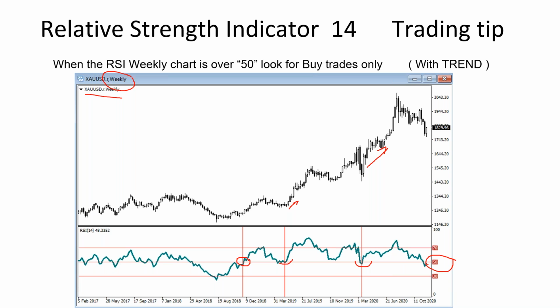So currently gold is just trying to cross the 50 line again. This was taken just a couple of days ago, I think yesterday, and the RSI is just trying to swing across the line again. There's no divergence in here per se. We've had the high on the RSI, the high in the market.